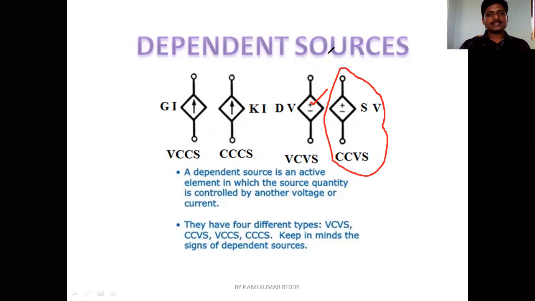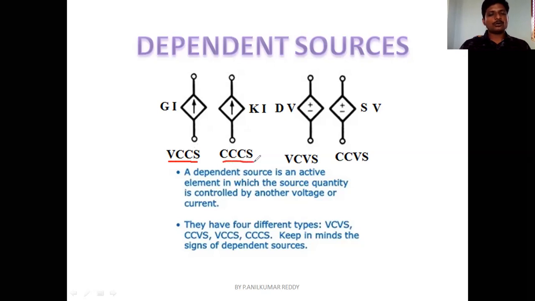Okay, so these are the different types of dependent sources we have in electrical engineering. Basically we have four types of dependent sources. They are voltage controlled current source, current controlled current source, voltage controlled voltage source, current controlled voltage source. Okay, in some textbooks you can find voltage controlled current source as voltage dependent current source. Both are same.